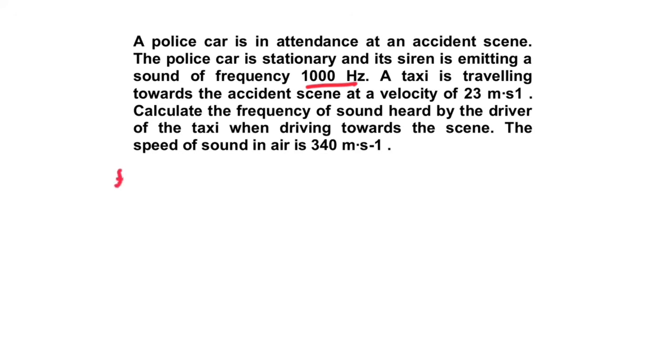Right. Frequency emitted, that is 1000 Hertz. What other information do we have? We have the velocity of the listener, which is moving towards the scene, 23 meters per second. The sound source is stationary, right? Because the police car is in attendance at an accident scene, right?